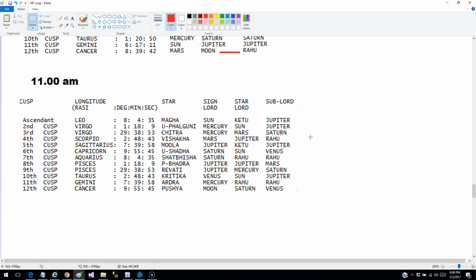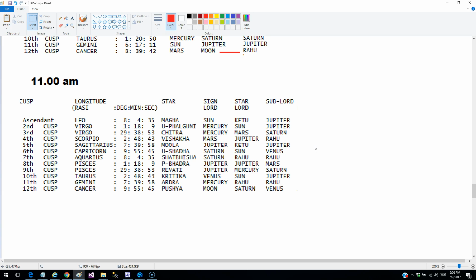For using the cuspal sublord, the Horary or query-based Krishnamurti Paddhati is the best tool, because in Horary astrology you don't rely on the time of birth given by the person who is asking the question. The time of analyzing the query depends on the time when you sit down to analyze the query. So there you are 100% sure about the time, and that is where you can effectively use the cuspal sublord.